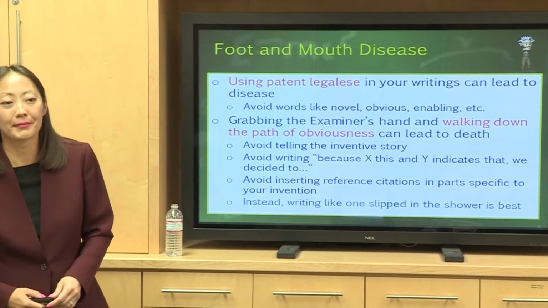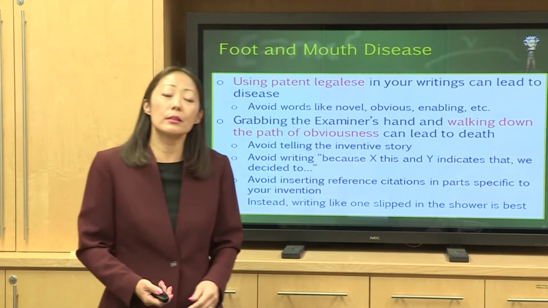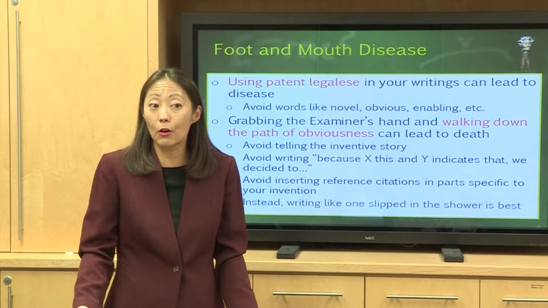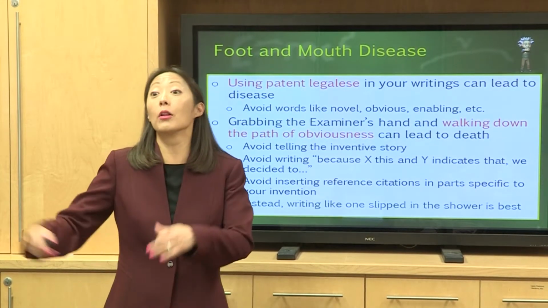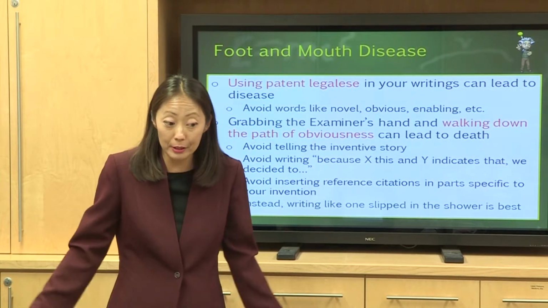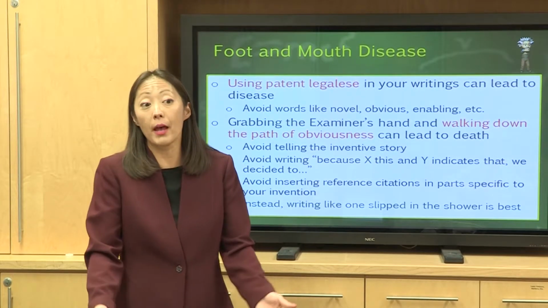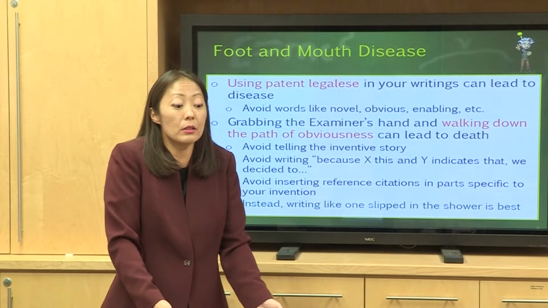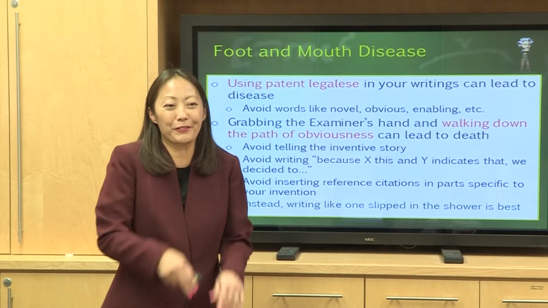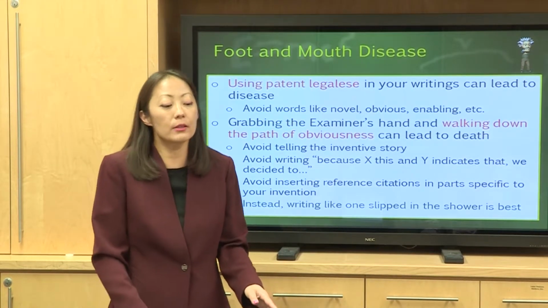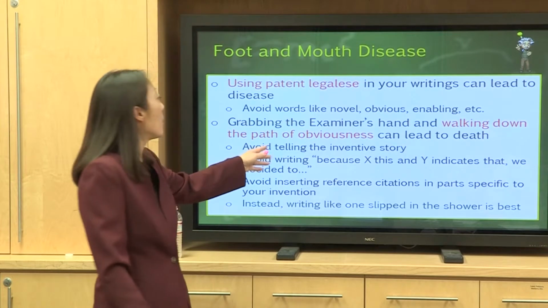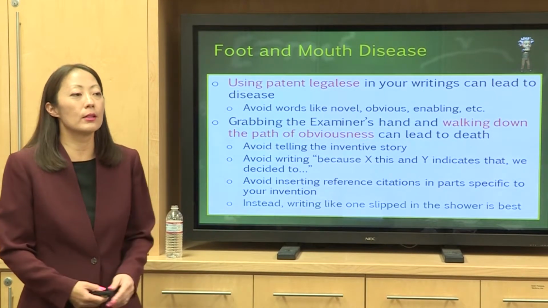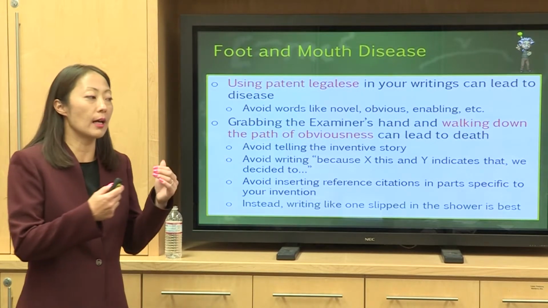Exactly, and so that's where it would be really helpful for you to talk to the TTO first, so we could apply for the patent application first, and then the patent attorney would also review your manuscript and say this kind of verbiage is a little bit problematic. That's why I put right here: avoid writing because so-and-so did this, and X suggests.